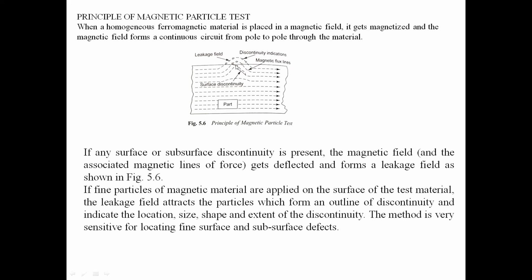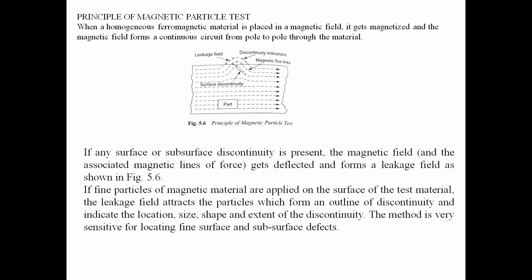After magnetization we spill magnetic particles, which are attracted to the magnet, on the surface of the component. Most often we use iron particles. Where there is a leakage due to the direction change of the magnetic lines, that leakage attracts the magnetic particles.